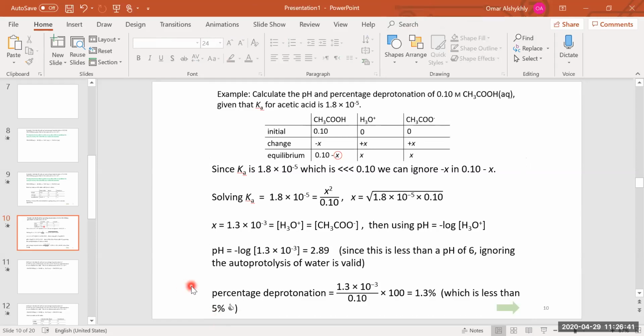So our approximation here was valid. If the percentage is not less than 5%, you have to go back here and use the quadratic equation to find x. But it was less, so you are fine. Your approximation is valid.